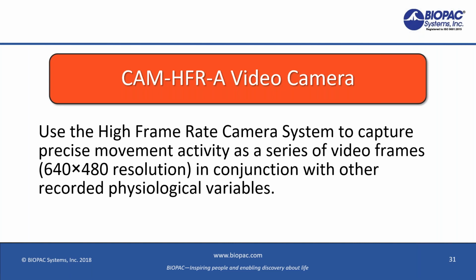So the last piece of the puzzle is the high frame rate. I don't have a demonstration of this. It's a pretty sophisticated camera. Big difference between the camera systems that I've shown you so far and the high frame rate camera. The high frame rate camera is fully controlled by Acknowledge. So Acknowledge provides the timing sync signal that drives the camera.